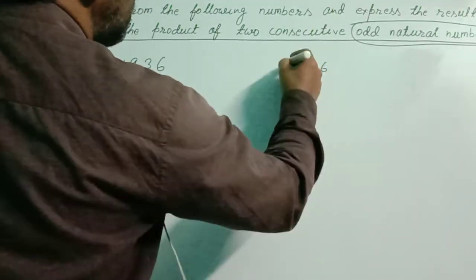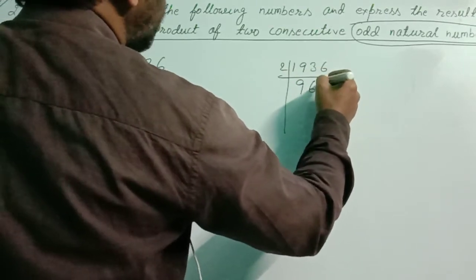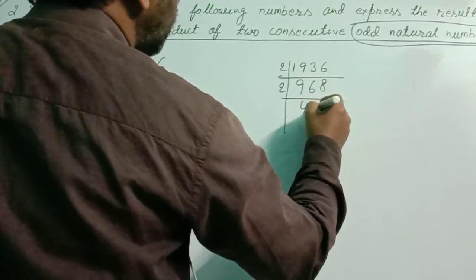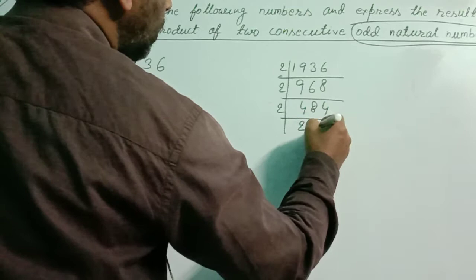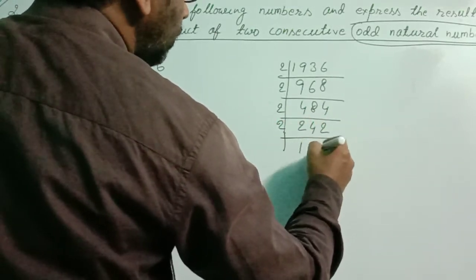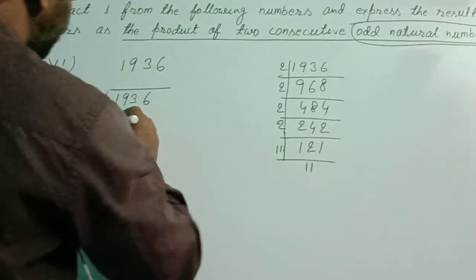1936 divisible by 2. 2 9s are 18, 2 6s are 12, 2 8s are 16, 2 4s are 8, 2 8s are 16, 2 4s are 8, 2 2s are 4, 2 4s are 8, 2 2s are 4, 2 1s are 2, 2 2s are 4, 2 1s are 2. 11 11s are 121.